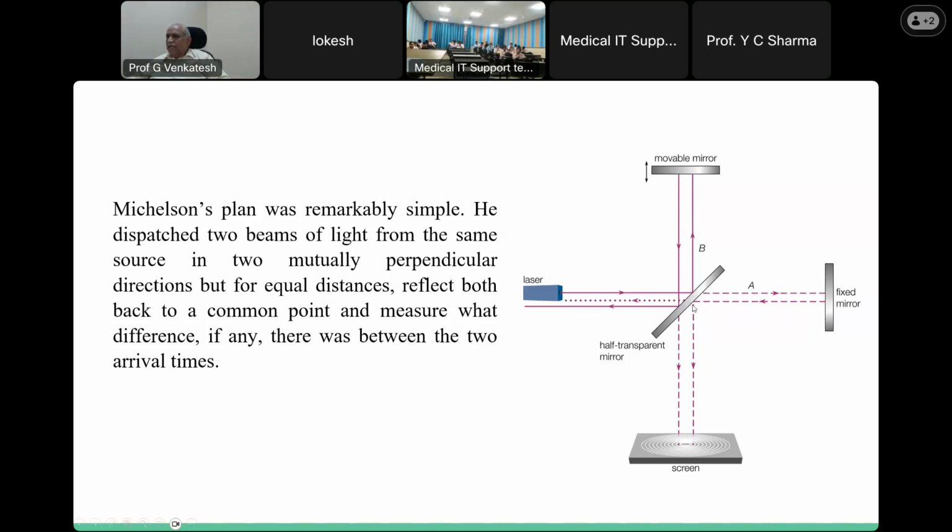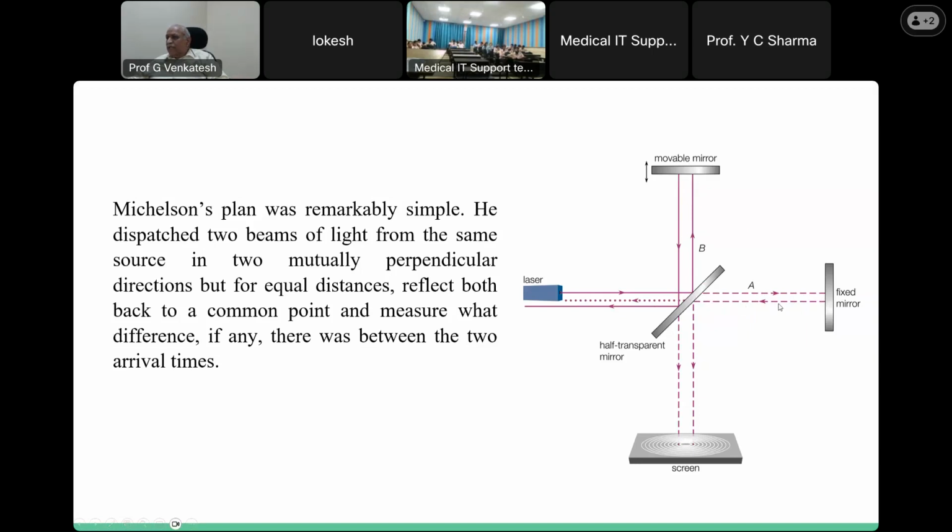Assume that direction A to the fixed mirror is along the direction of the Earth's motion and direction B is along the perpendicular direction. Now, we make the distances of the two mirrors exactly the same, and the split signal going along the A direction to the fixed mirror and back is affected by the velocity of the Earth.